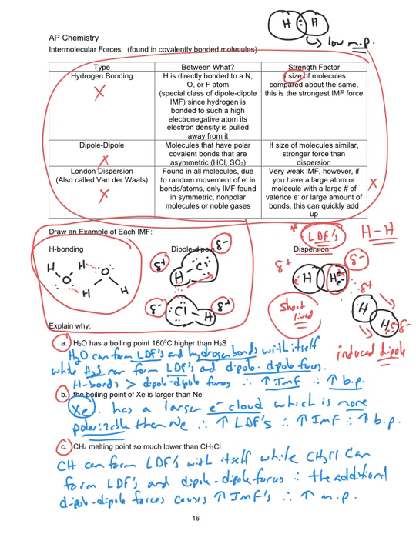The bigger an element is, the larger its electron cloud is. And when we put an electron cloud into an electric field, there can be a greater difference in polarity of the molecule because there can be more electrons on one side versus the other, and we can have a greater charge differential. So the more electrons we have, the more polarizable it is, and therefore it has more LDFs.